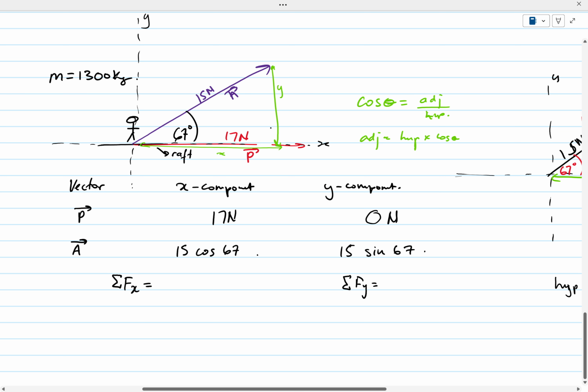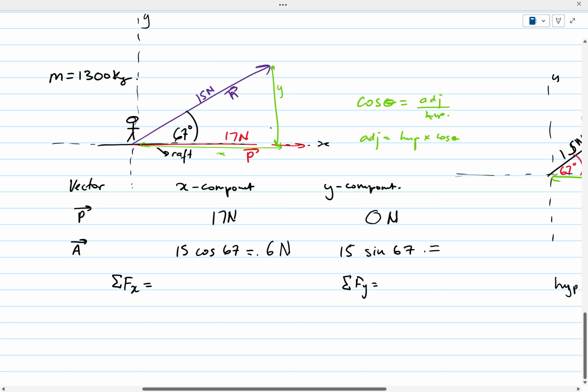The sum of forces in the x direction is 17 plus 15 cos 67. 15 cos 67 is roughly 6 newtons. It's actually 5.86, but roughly 6 newtons, just for convenience here.